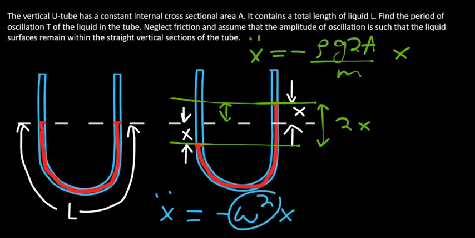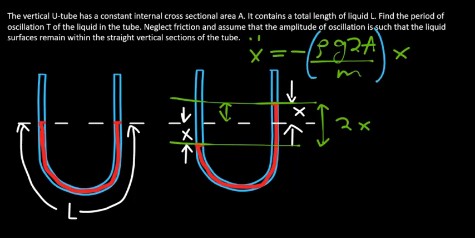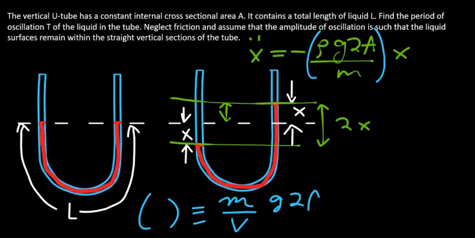So that term, namely this term, is omega squared, the square of the angular frequency. Let's simplify that term. That term in the bracket will become: rho is density, the mass of that liquid over the volume of the liquid, times gravitational acceleration times 2 times the cross-sectional area over mass. So m goes away.